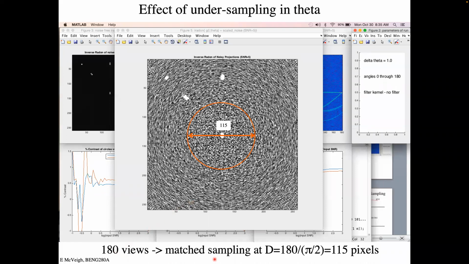It turns out the diameter that matches our Nyquist sampling in the theta direction for this object, we can compute from 180 views over pi by 2, which gives us a diameter of 115 pixels. So just from the number of views we take, if they're evenly distributed, we can figure out at which radius that turns into the Nyquist criteria for sampling in the theta direction.